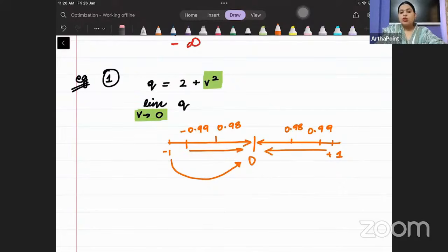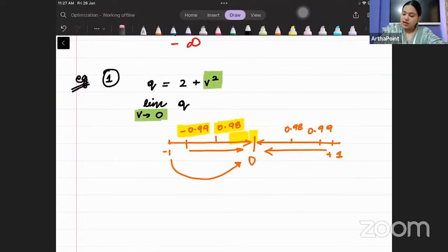Right, beta? So one long method, बहुत लंबा method होता है, what you can do is, you can go ahead and put -1, then you can put minus 0.9 and then minus 0.98, minus 0.5, minus 0.001. And you can keep checking where the value is going.